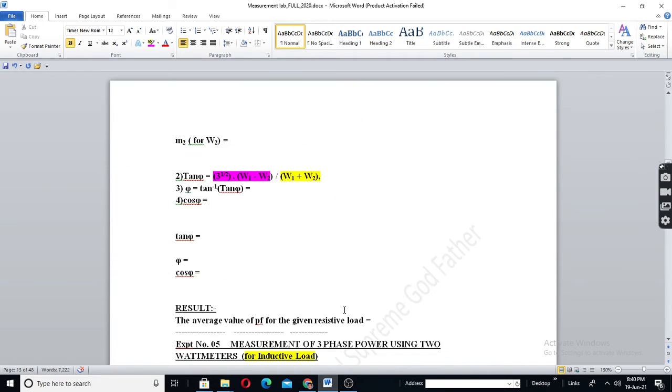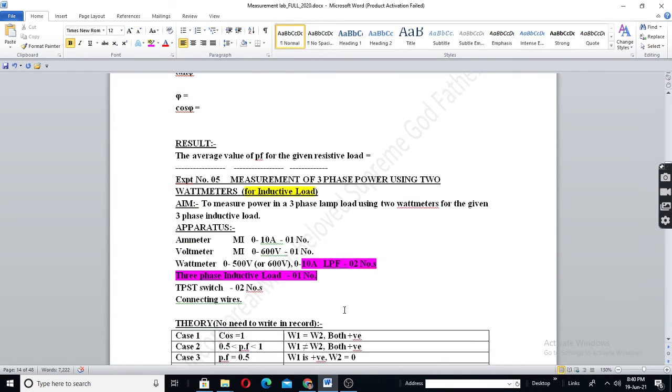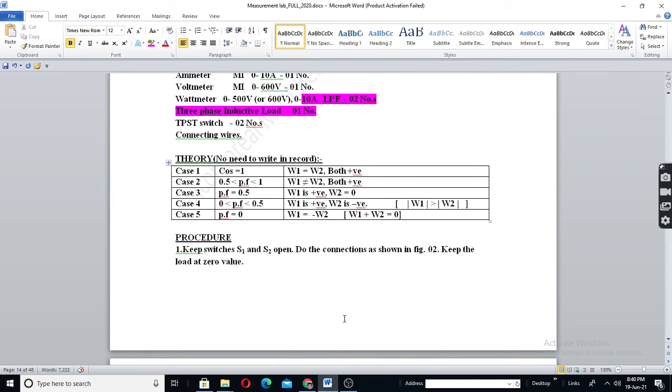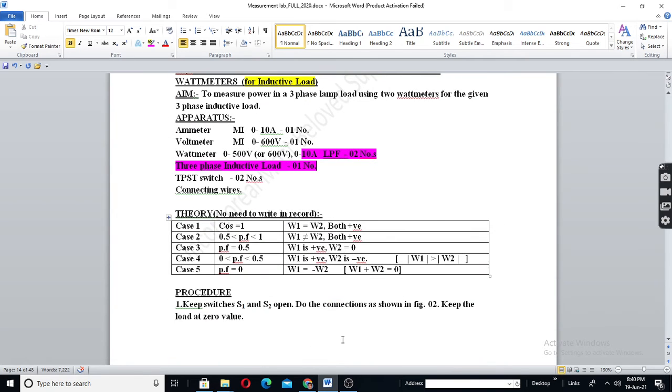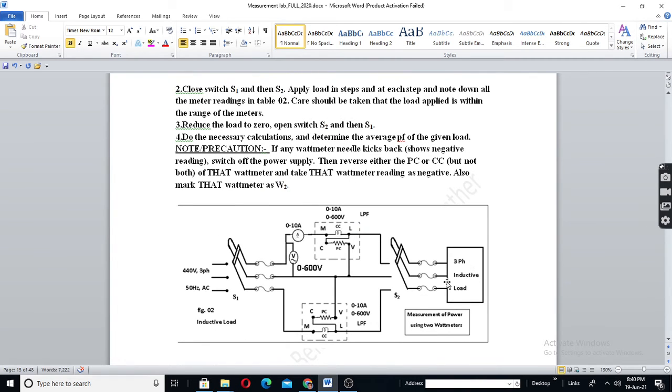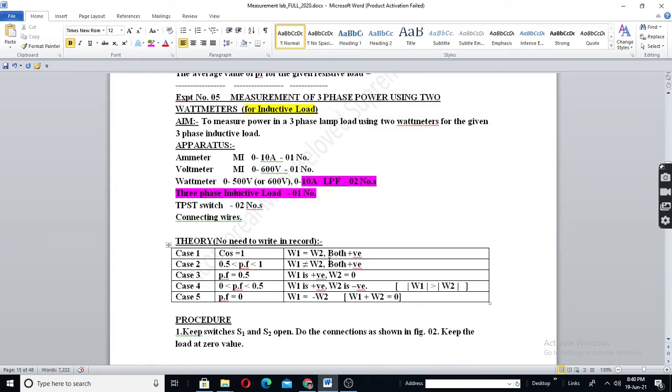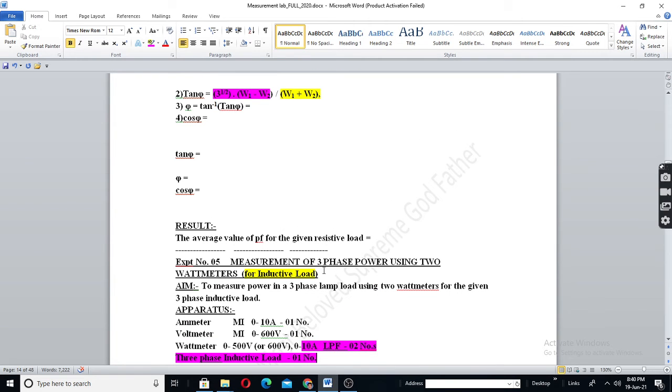So, in the next experiment, you have inductive load. Use inductive load and LPF wattmeters and short L and C.